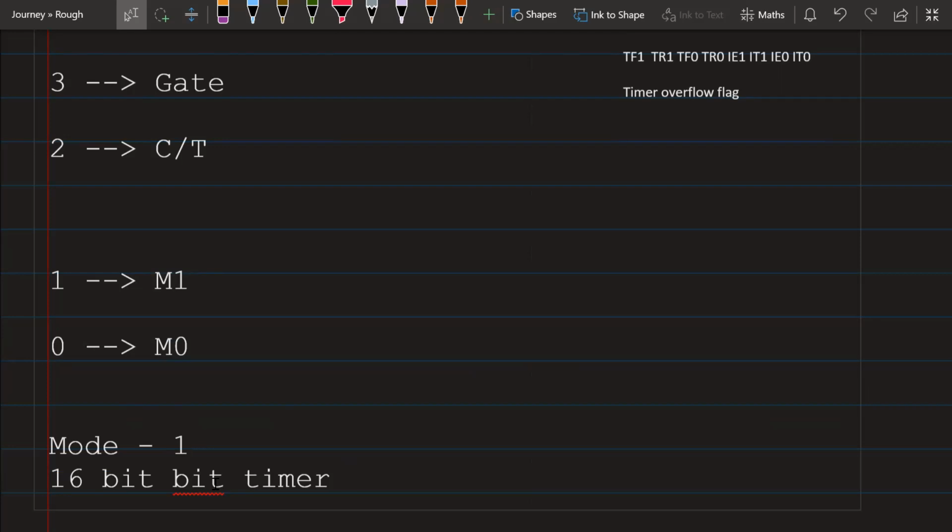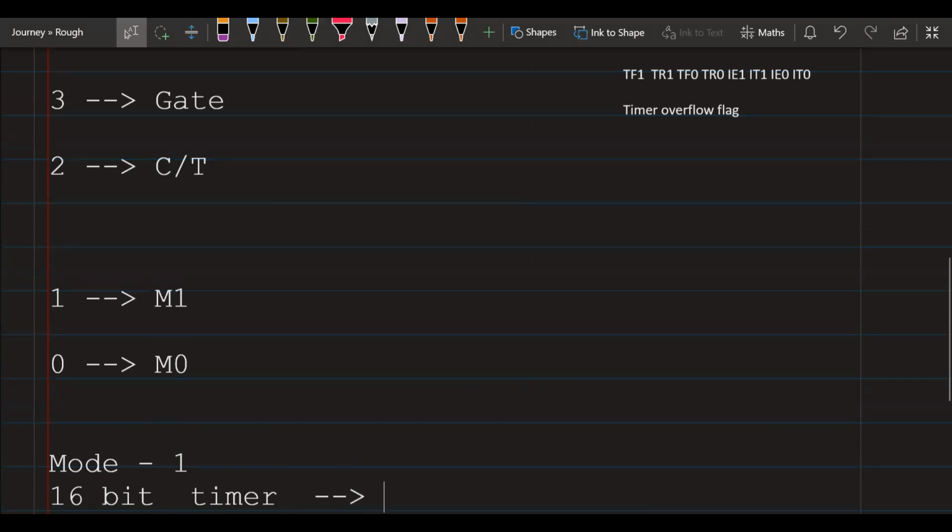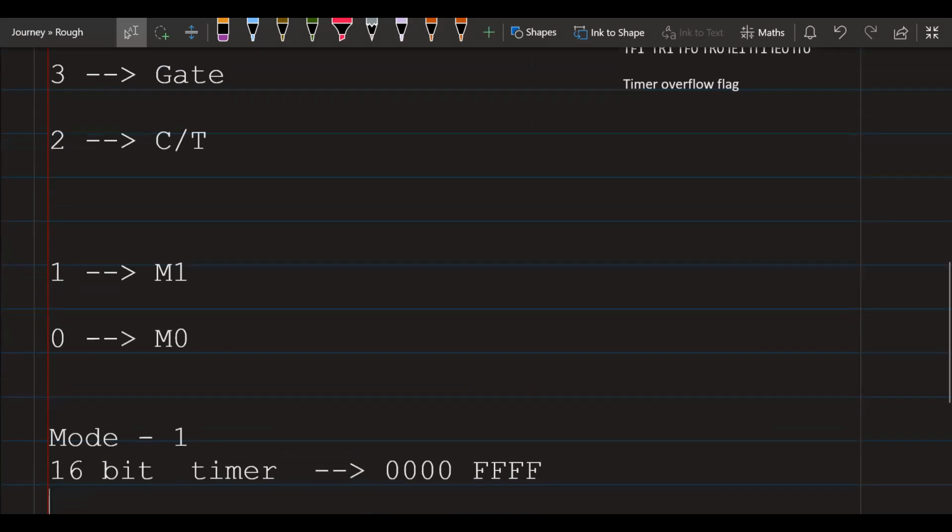Mode 2 is 8-bit. Mode 3 is a dual split mode. When I say 16-bit, what values does it allow? It allows from 0000 to FFFF.